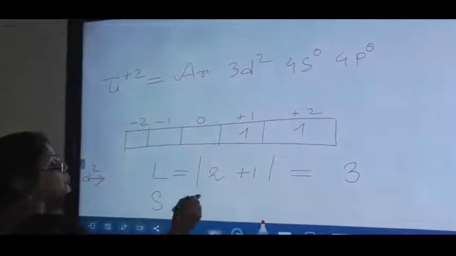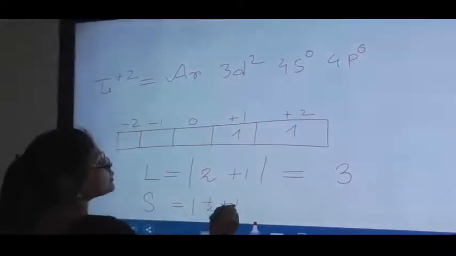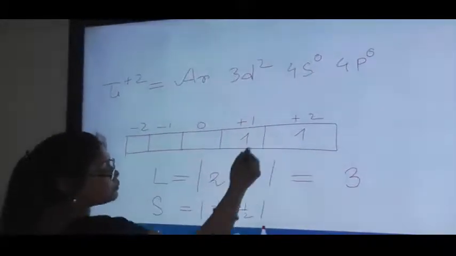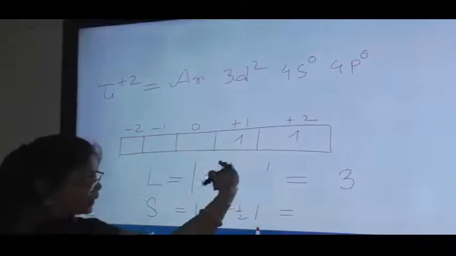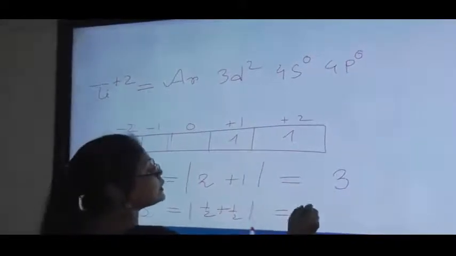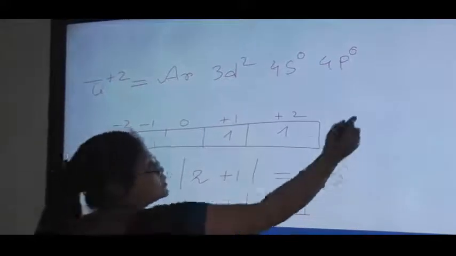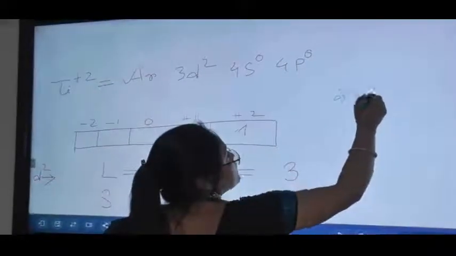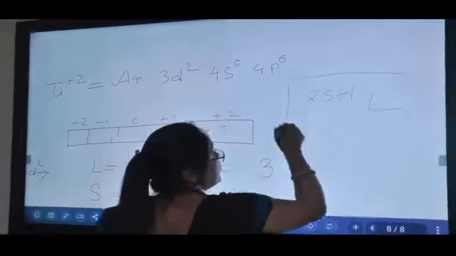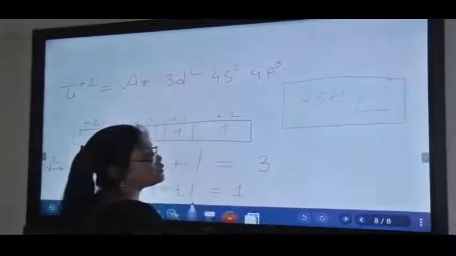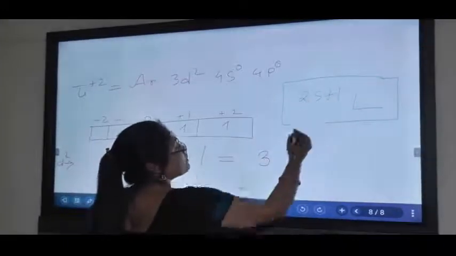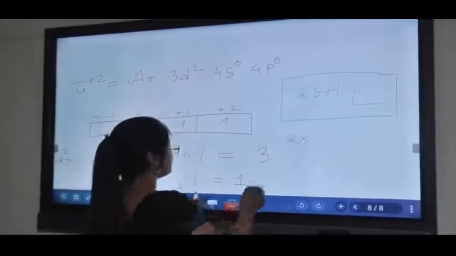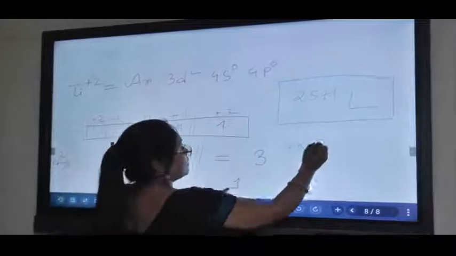Total S value will come out to be half plus half. These are all positive, both are spin up or they are of same spin. So, this will give us value 1. So, what will be the spin multiplicity? 2S plus 1 L, this is the general expression for term symbol. So, spin multiplicity will be 2 into 1 plus 1.